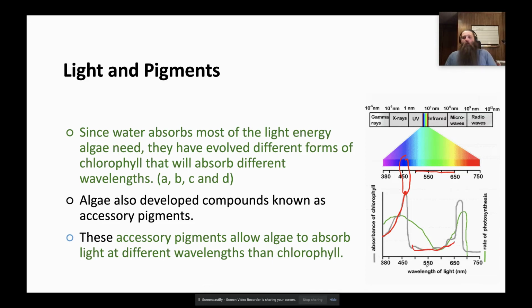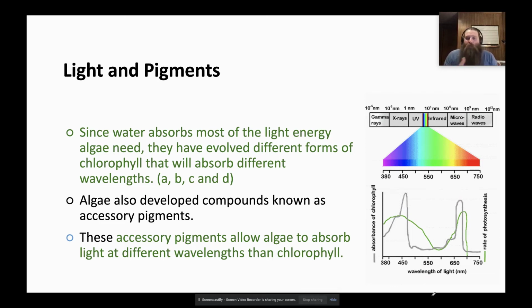That explains why you see that as a green color. It's absorbing the blue, it's absorbing the yellow and the red, but it's reflecting the green, and so we see chlorophyll as green.